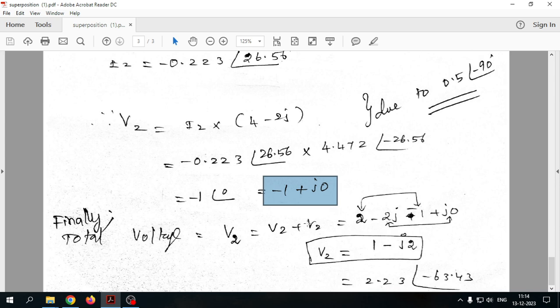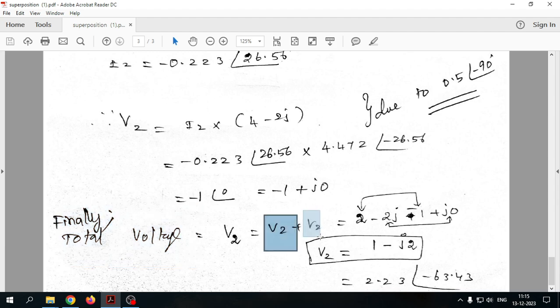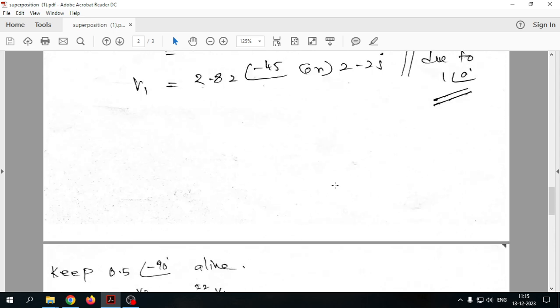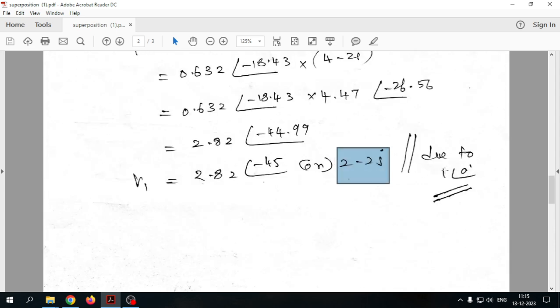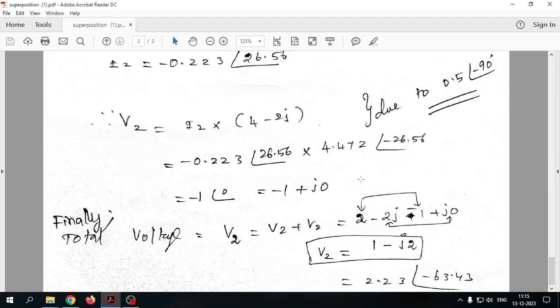So finally, according to the superposition theorem, we need to add the total values, which means first V1 and second V1. The result will be 2 minus 2J, which was contributed by the first source, and then the second value is minus 1 plus J0.